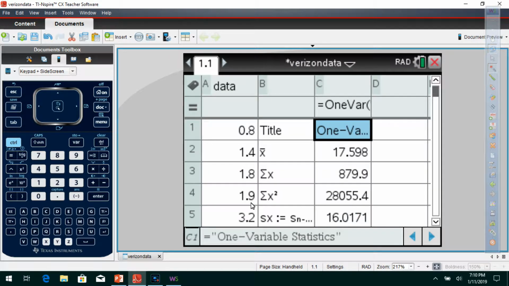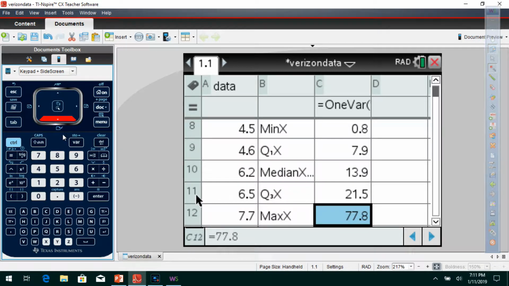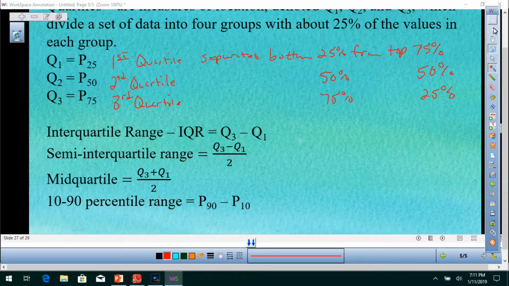Okay, and there we go. Not only did it give you the mean and the standard deviation, but if you scroll on down, you see it gives you the minimum value, the Q1, the Q2, and the Q3, and the max value, which brings up the next thing.